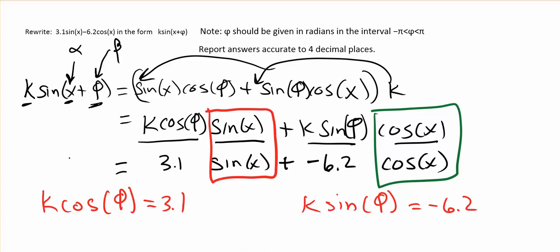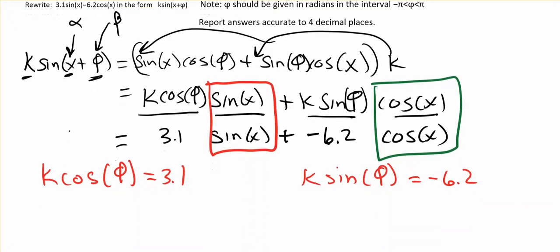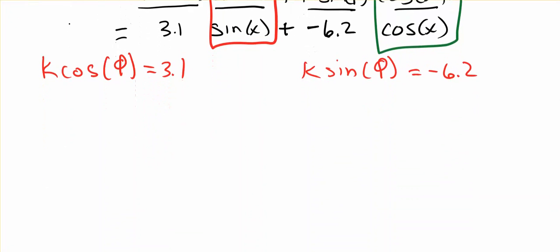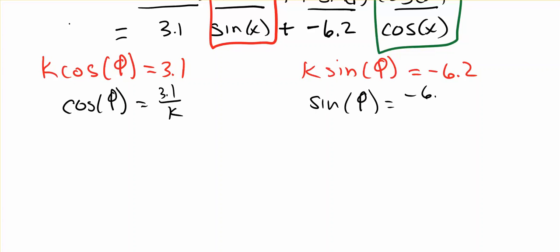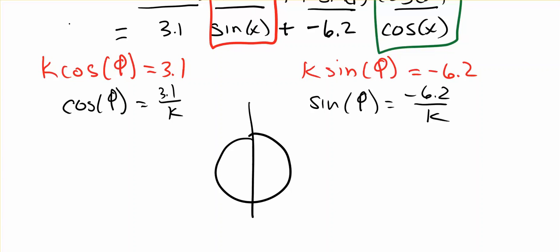We can solve both of these equations for our cosine phi and our sine phi. Which means our cosine phi is equal to 3.1 over k, and our sine phi is equal to negative 6.2 over k, because I multiplied both sides by 1 over k. At this point, we can draw a circle with radius k.